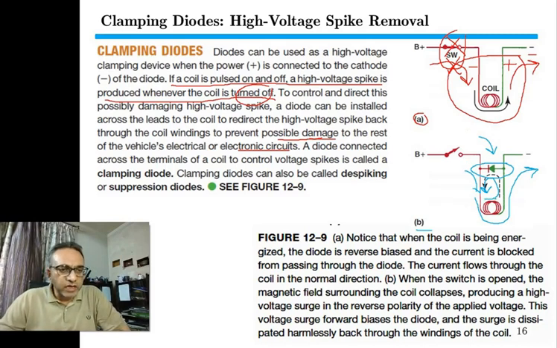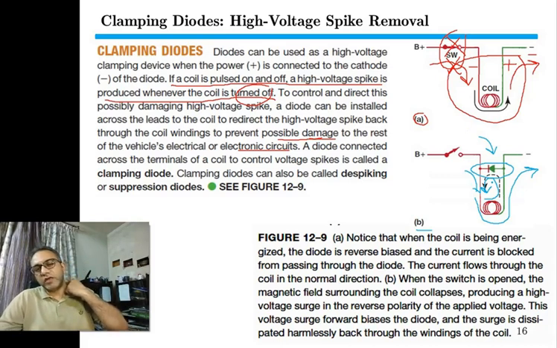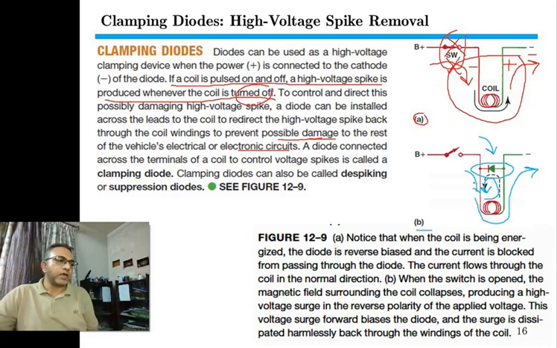And once the current flows through the inductor, since it is now forward biased, and a forward bias voltage is always 0.7 volt in the case of silicon or 0.3 volt in the case of germanium. Hence, there will be no spike. So in this way, by using a simple diode, we have removed the high voltage spike.